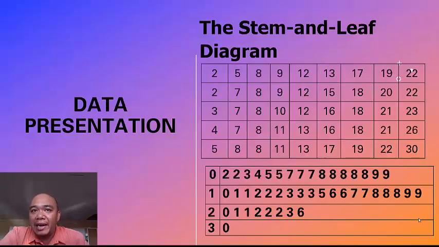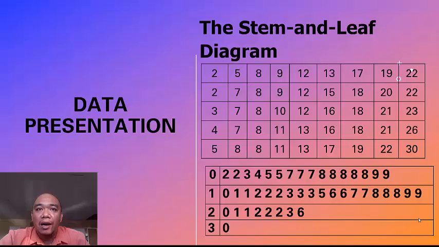Once it is arranged, the first column is the stem, and then the second column is the leaf of our data.